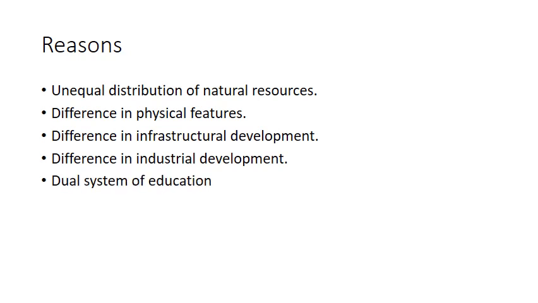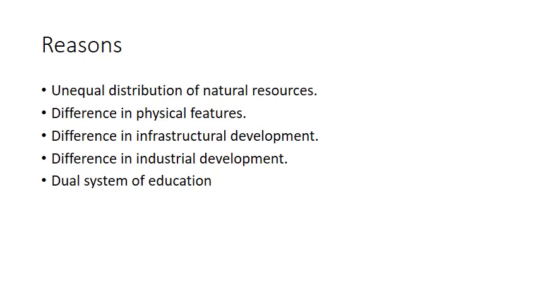The next reason is the dual system of education. We have almost two to three different systems of education in Pakistan. Some students get a foreign education, O level or A level, some students go through the matric system, while some students get education through the madrasa system.